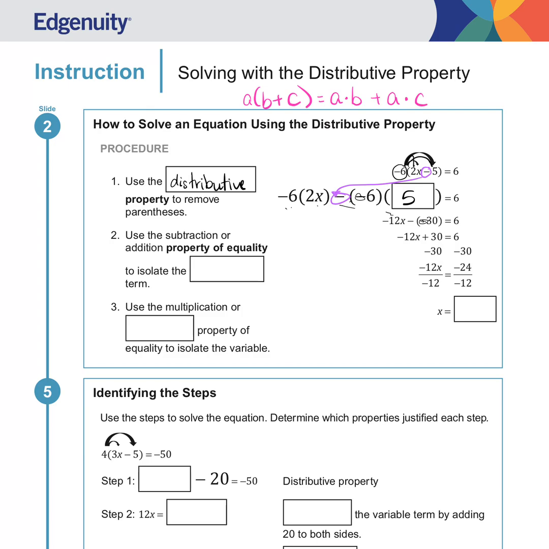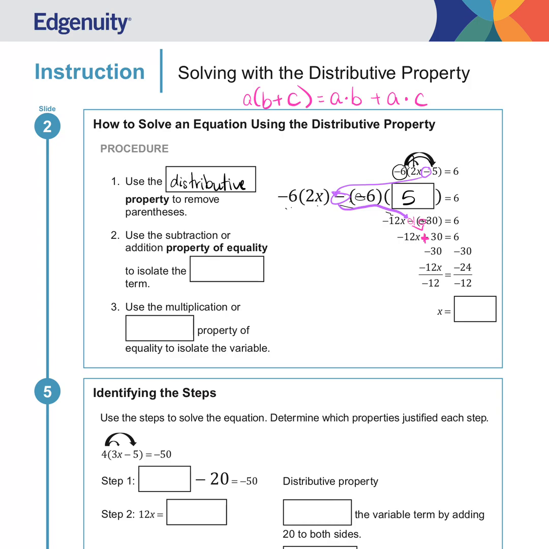Remember, see how it's still, I'm going to follow this subtraction sign using the purple. That's going to give me minus negative 30 equals 6. Now, remember there's an invisible one right here. So that's really a negative times a negative, which is going to give me a positive. So now it's a plus 30, right?